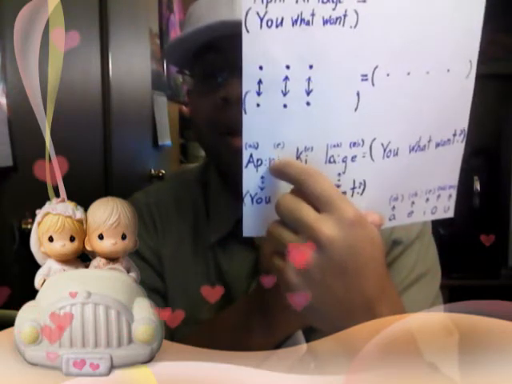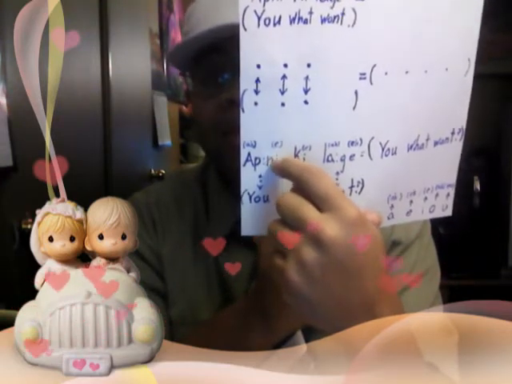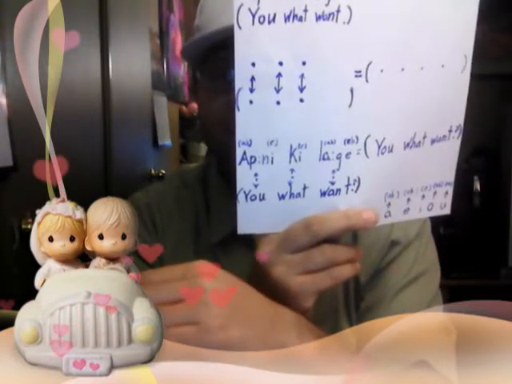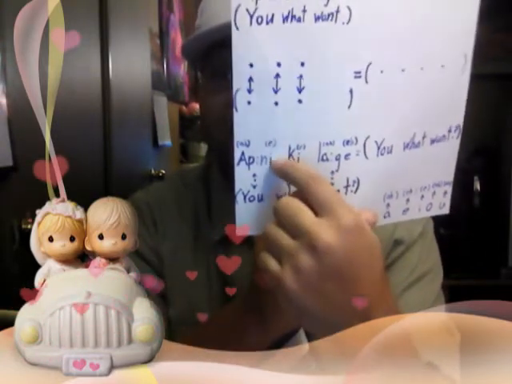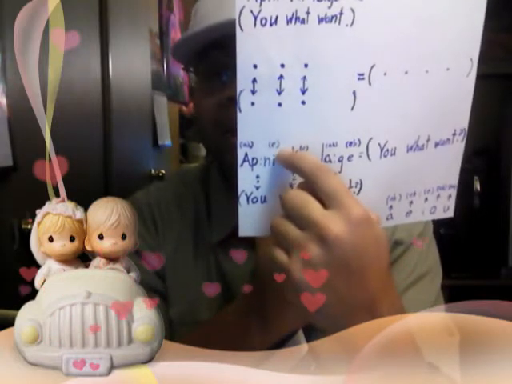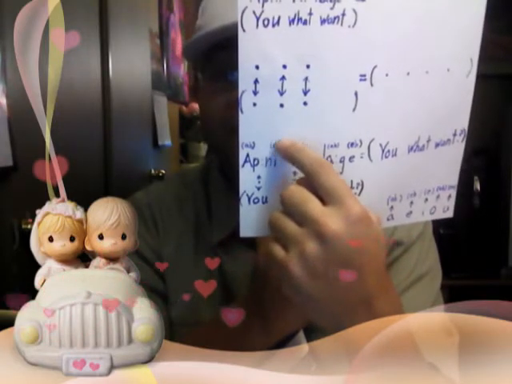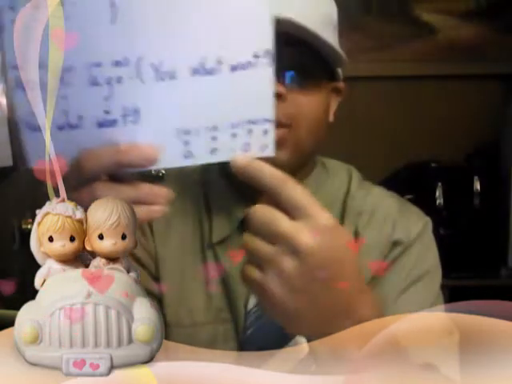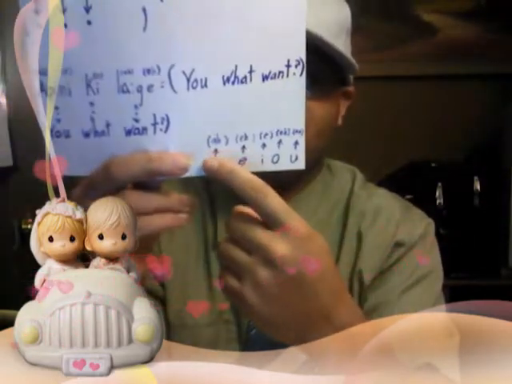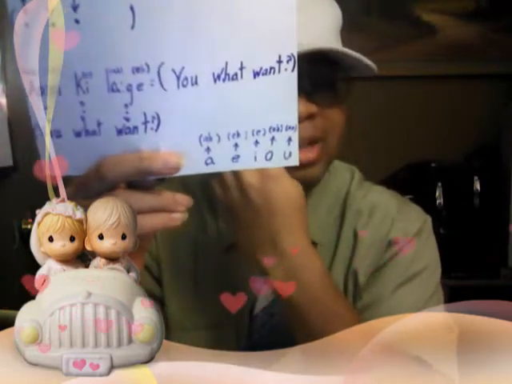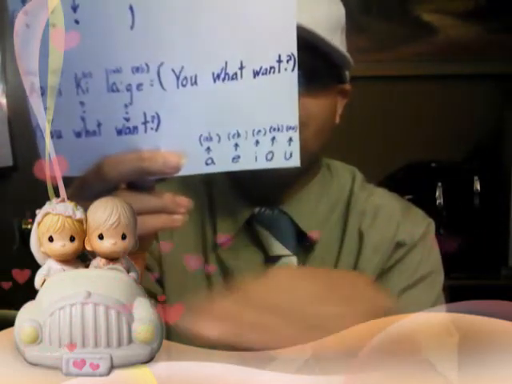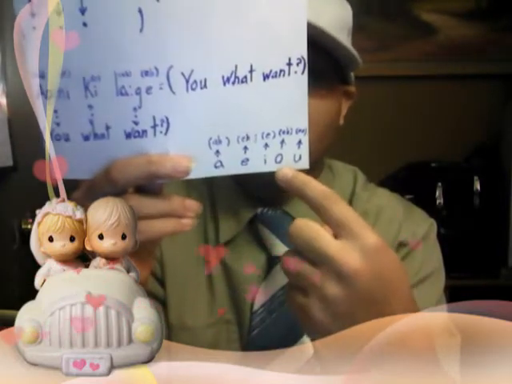The last letters are E and I, but this I is a Bengali I. Normally when you're writing Bengali words down, you write the I and put the E on top to remind you that this is a Bengali I sound. These are the only sounds that are different from the rest of the alphabet. The A, E, I, O, U is completely different, so you have to incorporate these sounds in your spelling.